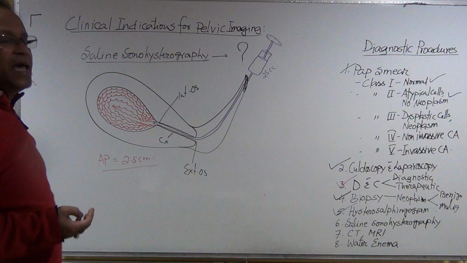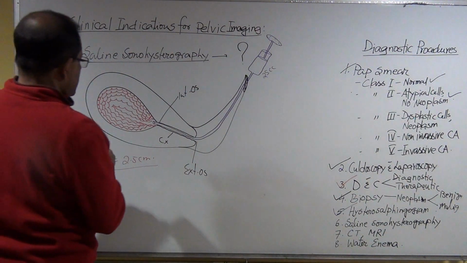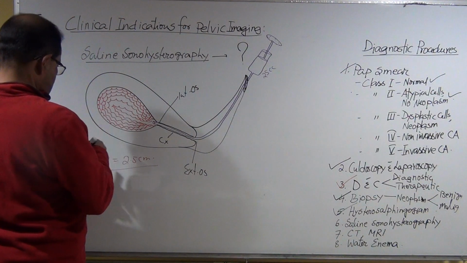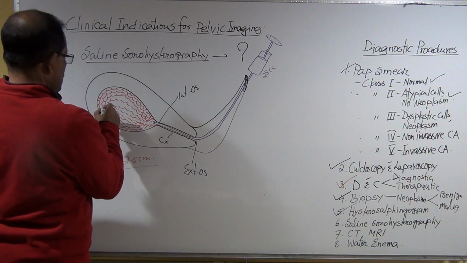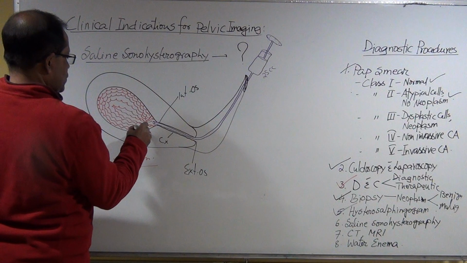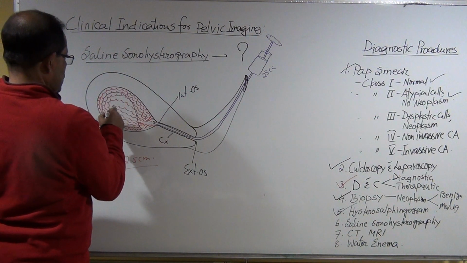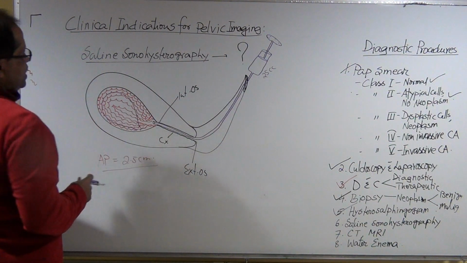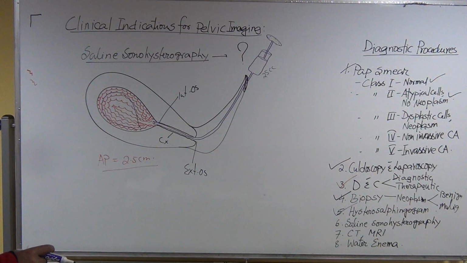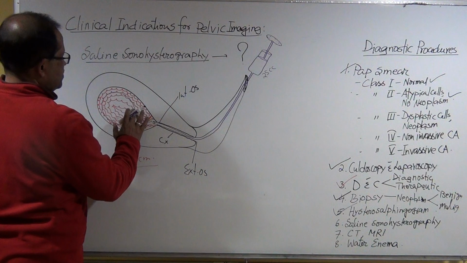Okay, so then how can you differentiate who is this? Okay, so now understand that there might be a polyp. Okay, there might be a polyp inside the uterine cavity. Okay, let me draw that polyp for you.